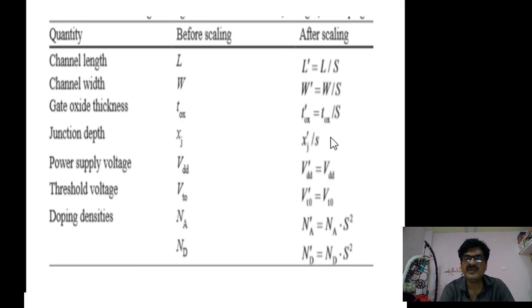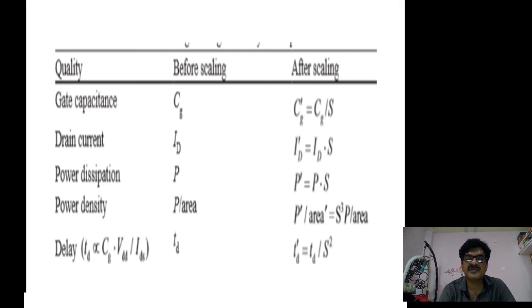With reference to voltages, there is no scaling. With this, if you observe the device parameter values, the current is increased, so the power dissipation also increases. Power density is also increased by S cube times, but delay is decreased.